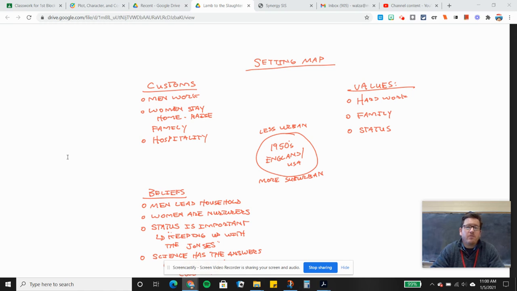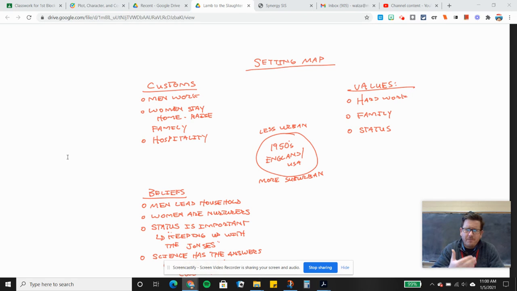I found that if we take a look at what was going on at the time the story was written, and also consider the time period in which the story is set, then that can give us a better appreciation of what actually happens in the story. Because everything that's going on at the time period that the author is writing is going to somehow make its way into the story. It's all part of giving the story its vibes, its effect on you.